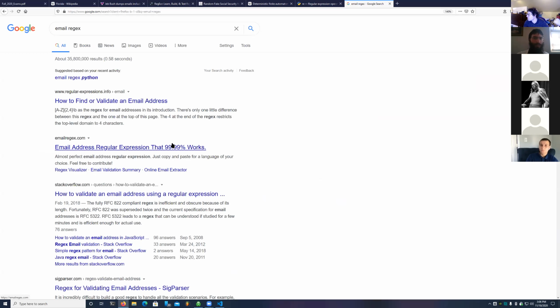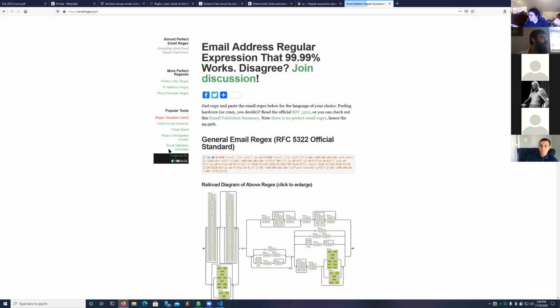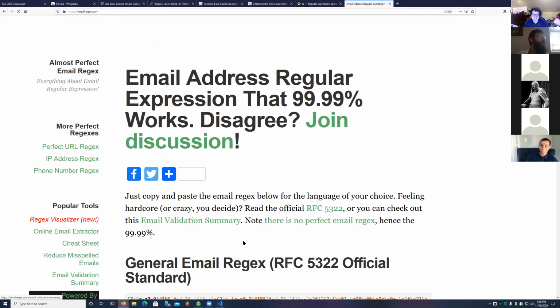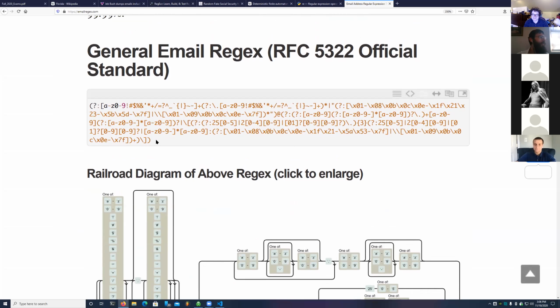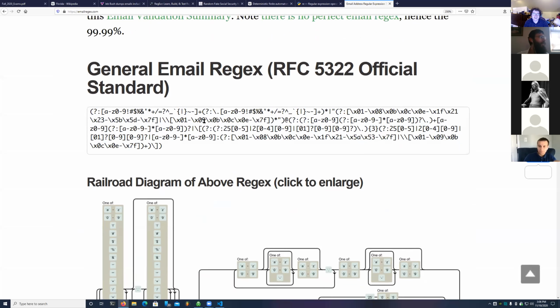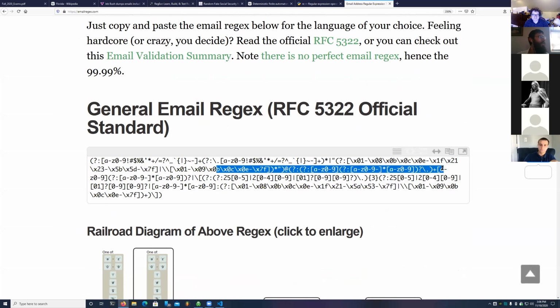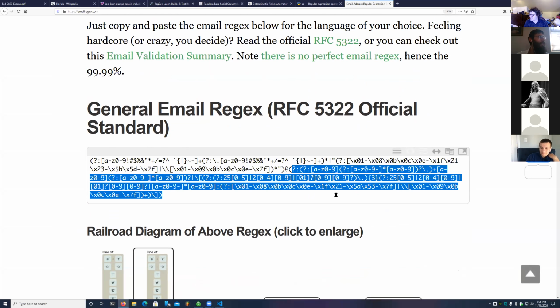This is horrible and mind-bending, and it's awful. Here is the regex for emails. And yes, it looks like gibberish because it kind of is. So this is everything before the @ and everything after the @. Yeah, it's gross.